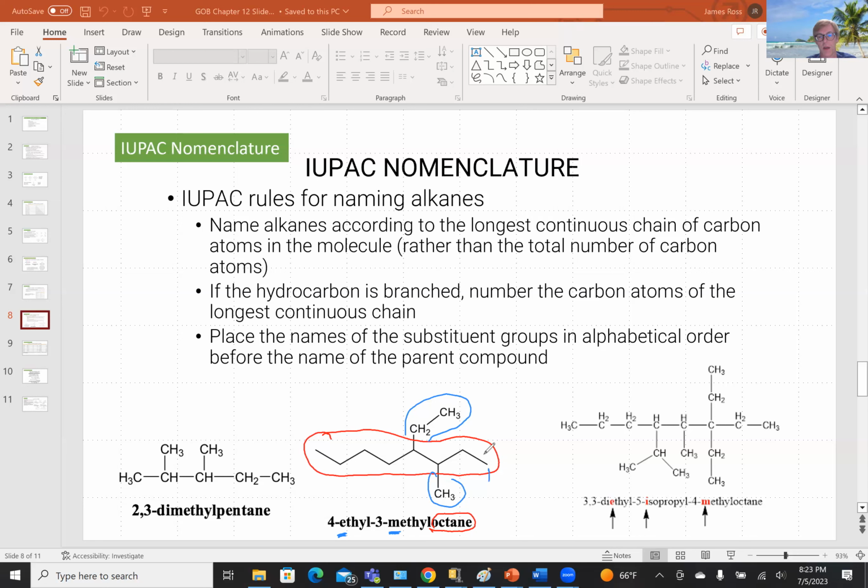So that would be the first carbon, second carbon, third, fourth, fifth, sixth, seventh, eighth of the carbon backbone. So I've got a methyl group on carbon 3, so 3-methyl. I've got an ethyl group on carbon 4, 4-ethyl, and I say ethyl before methyl because it's alphabetized. So putting it all together, 4-ethyl-3-methyloctane.